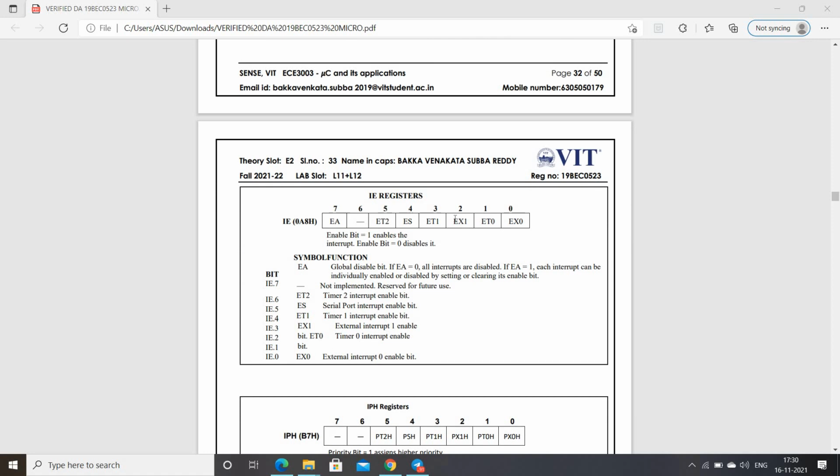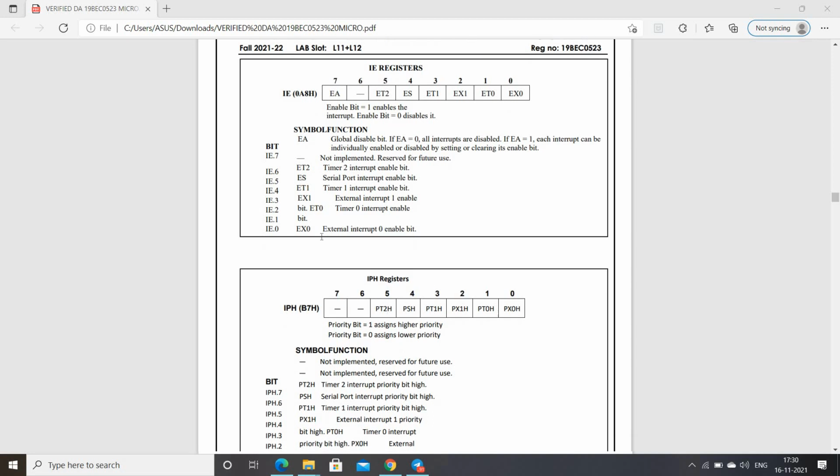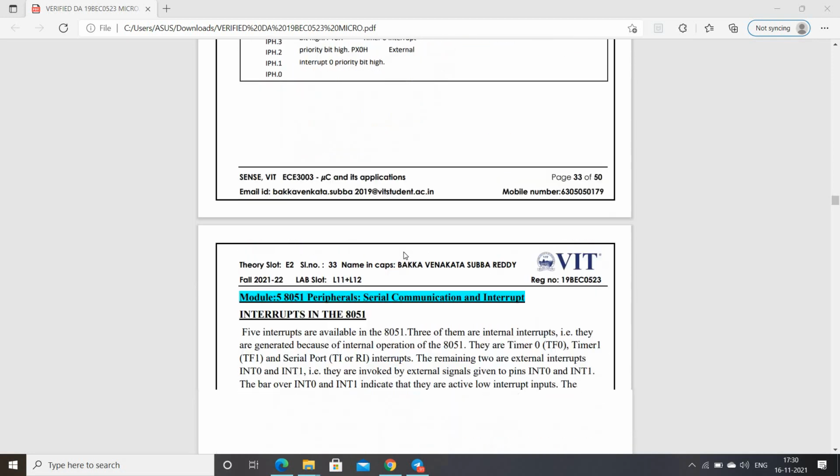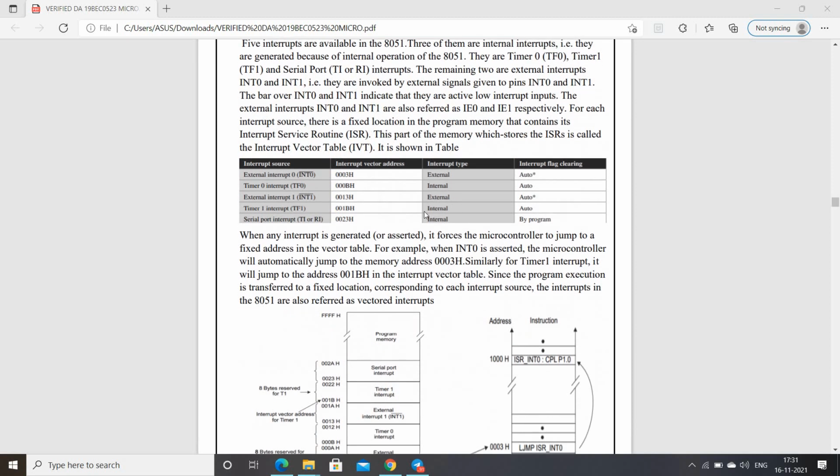And this is the IE register and its symbol function, and the IPH register and its symbol function. And module 5, 8051 peripherals, serial communication and interrupts in the 8051 are as follows, as you can see here.